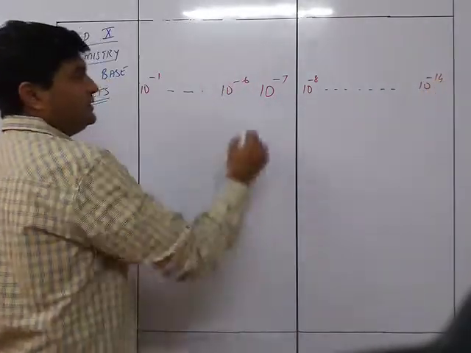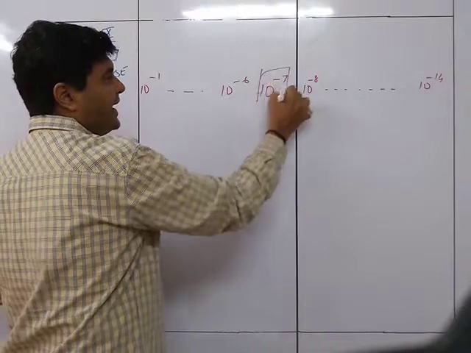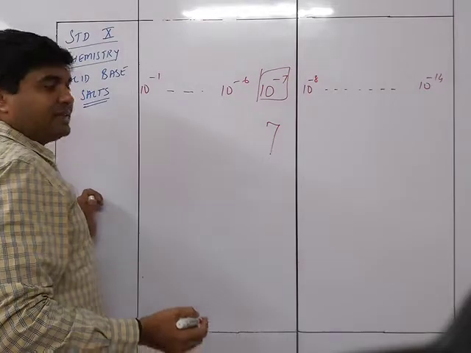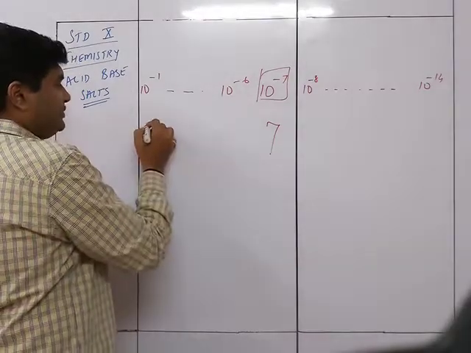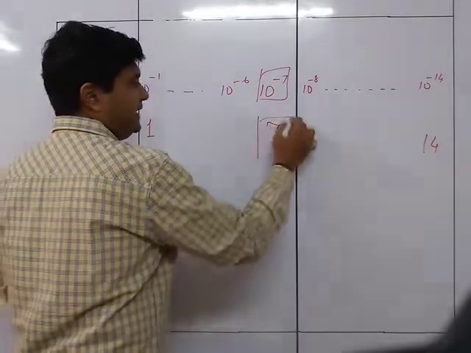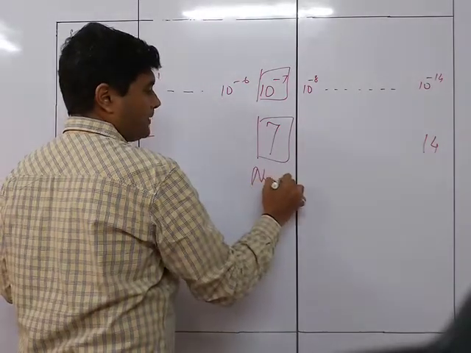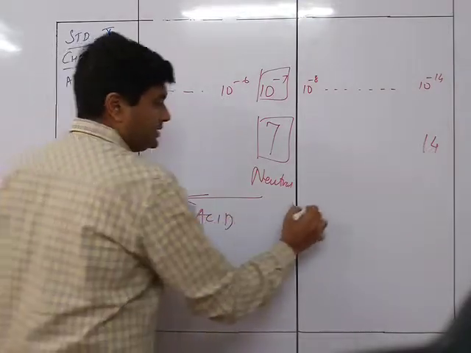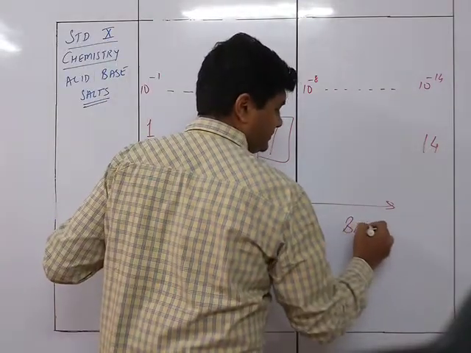So this over here is indicated as 7. So pH value 7 is nothing but 10 raised to minus 7. This is pH value 1, this is pH value 14. This is neutral. This side is acid, this side is base.